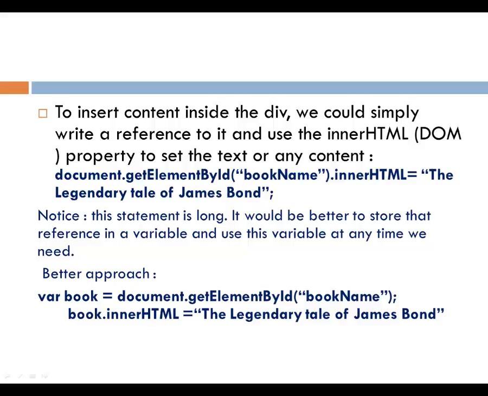Whenever we need it, we simply have to call that book variable just by writing it and doing whatever we want to do to that particular div. We could do things such as make it disappear for a moment, like hiding it. We could change the color or the background of the div, depending on really what we want to do with it.